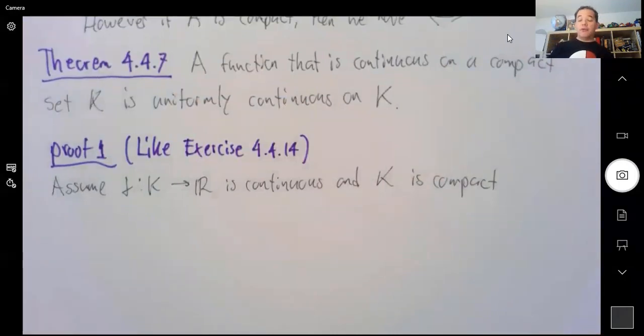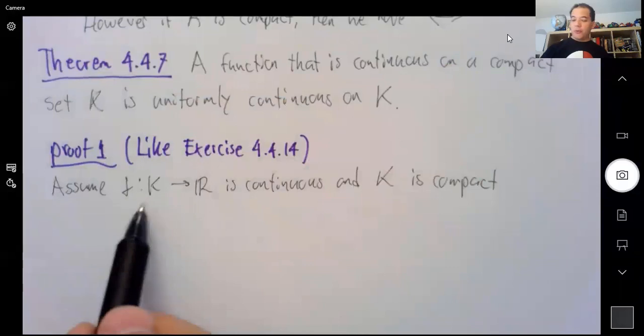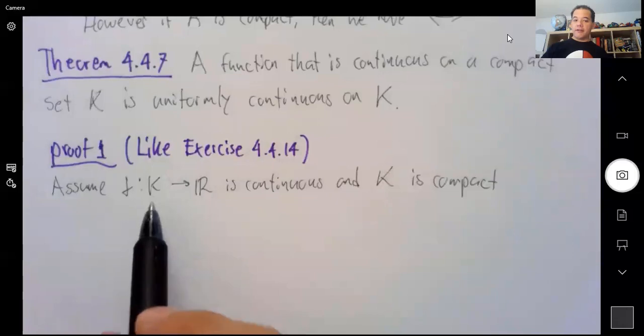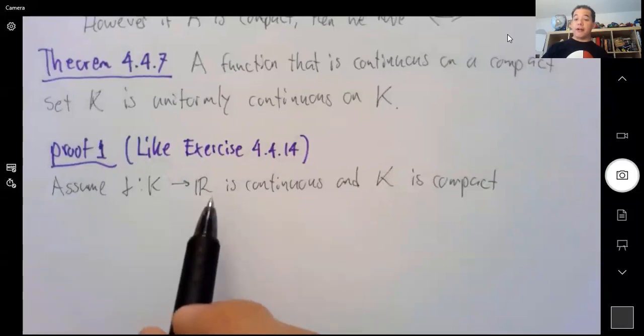Then I want to show uniform continuity. For uniform continuity, what we really need is that we fix an epsilon first, and then we need to find a delta such that whenever two points in K are closer than delta, then their images will be closer than epsilon.